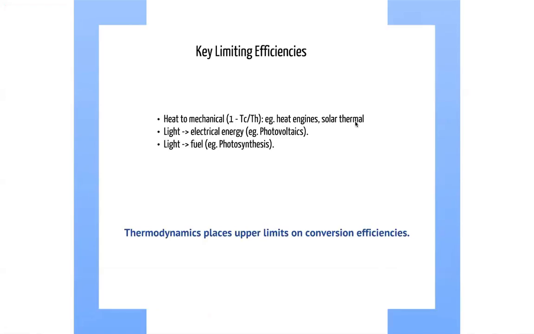Examples, of course, are heat engines, solar thermal. You can also have other limiting factors, like when you go from light to electrical energy, for instance, in photovoltaics. You also have a Carnot efficiency, but you have a much more stringent limitation, which occurs because the semiconductors are not perfect.